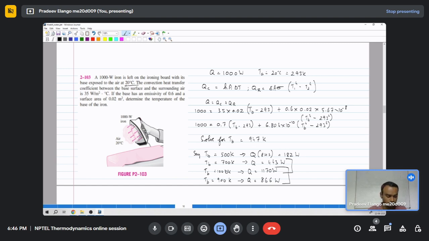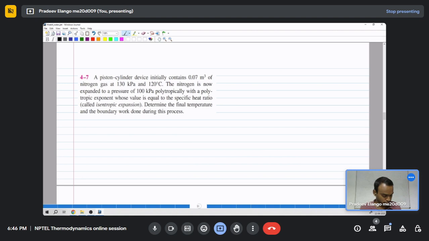Similarly you can iteratively find this value. Do you have any questions so far?